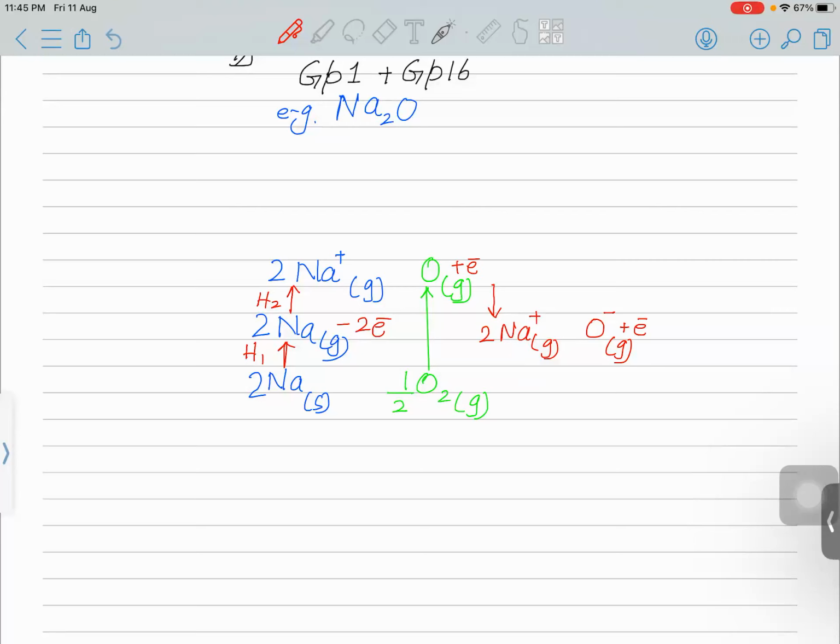Different steps, because you know that you have two types of electron affinities. Fahim, are you in the class? Yes, sir. So you have to give another electron because oxygen is -2.